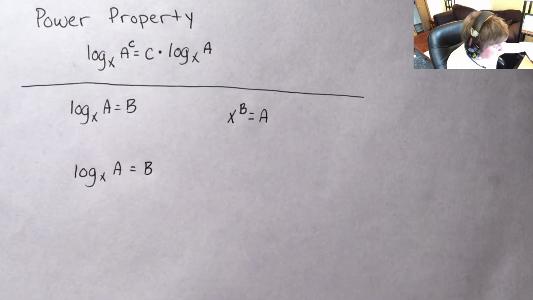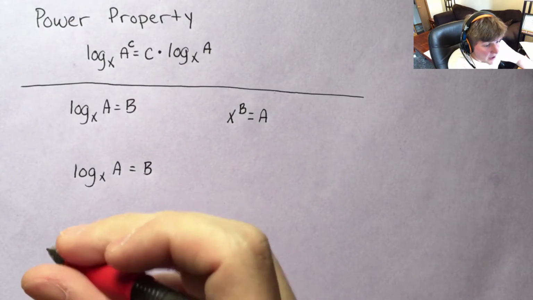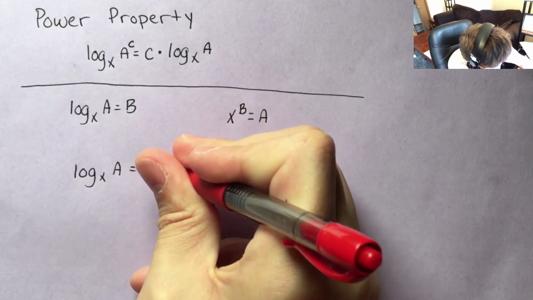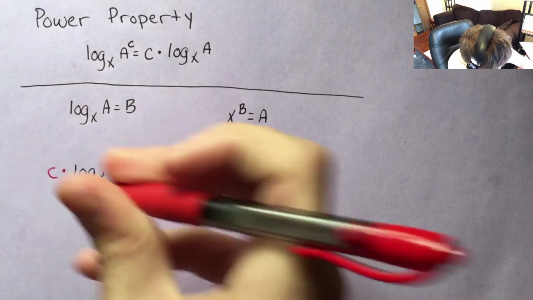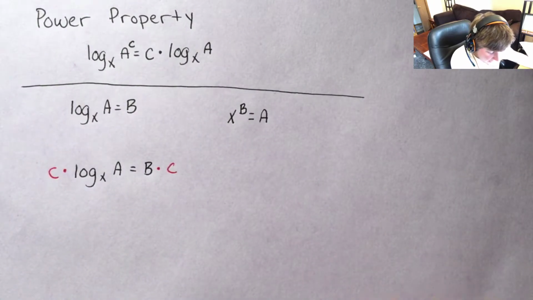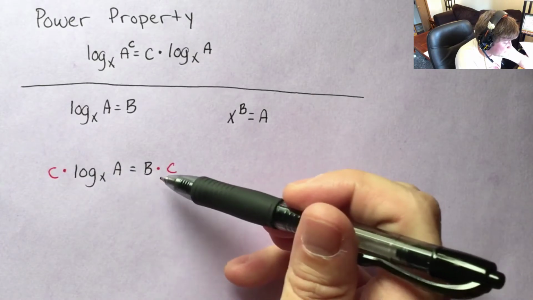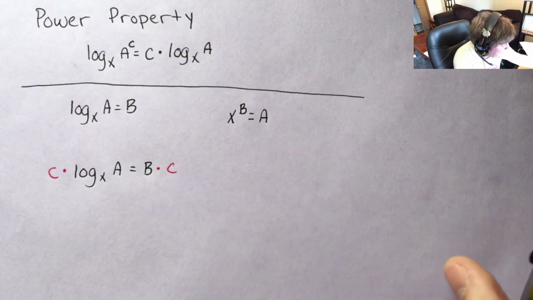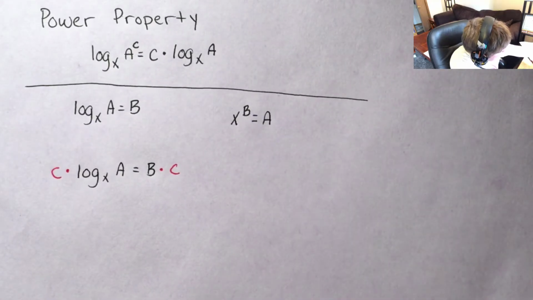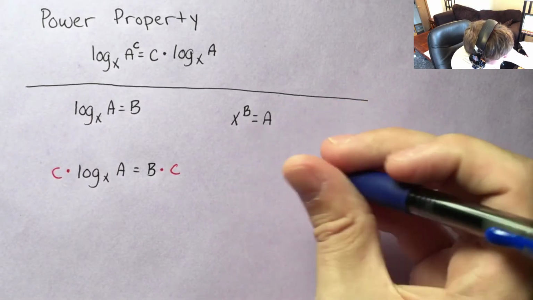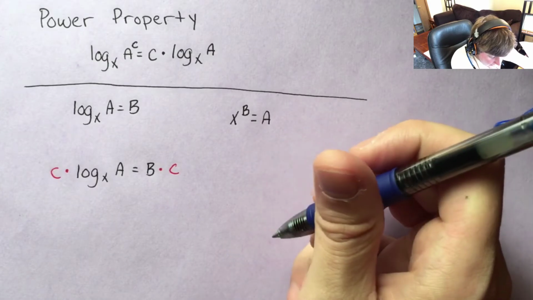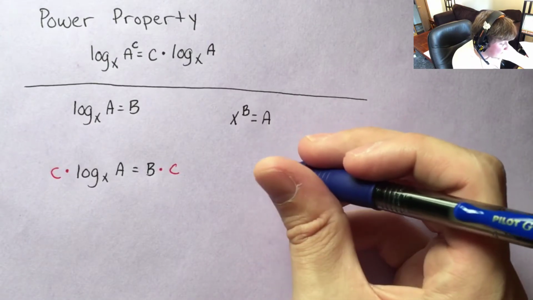Let's use a property of equality and multiply everything by a number c. So now I have c times the logarithm base x of a is equal to b times c. We can do something similar with the other one.